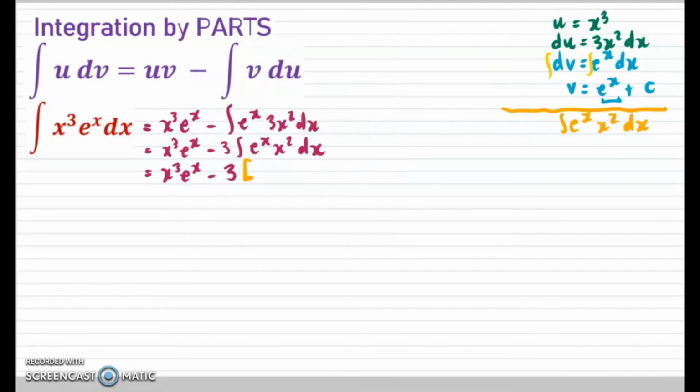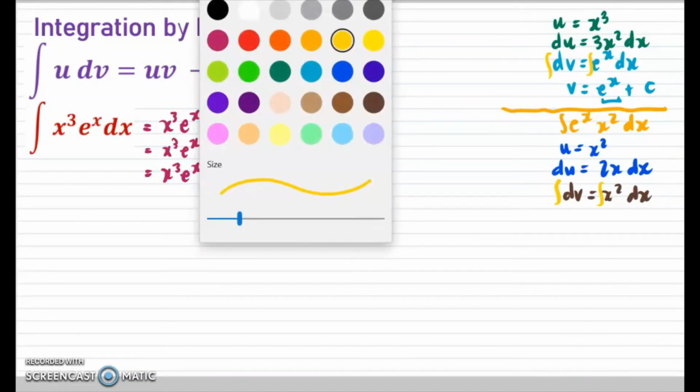So we'll have u is equal to x squared, where du is equal to 2x dx, while the remaining, which is e raised to x dx, will be the dv. So dv there, and then get the integration of both sides to find the v.